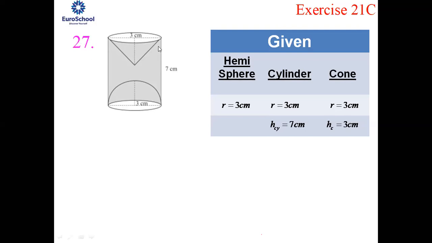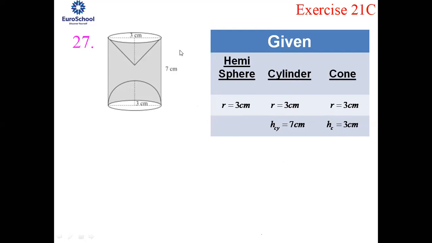So a common radius is being given. That is why I have mentioned everything as r itself without any suffix, as it is a common radius. The r of hemisphere, r of cylinder and r of cone are the same. It is 3 centimeters. Now, what else is given? Height of the cone is 3 centimeters. So height of the cone, HC, is 3 centimeters.